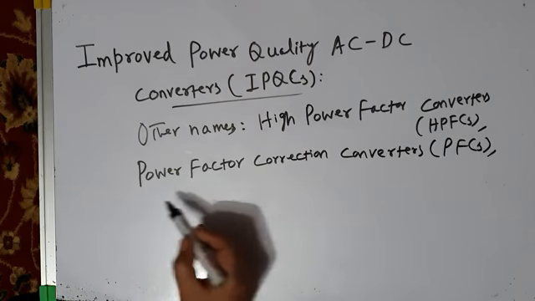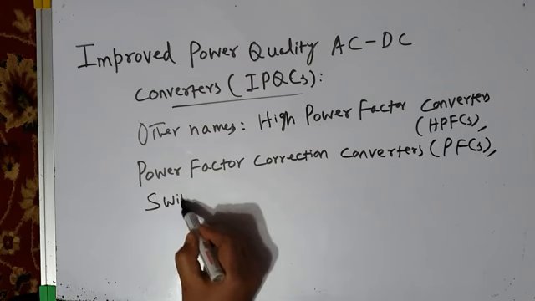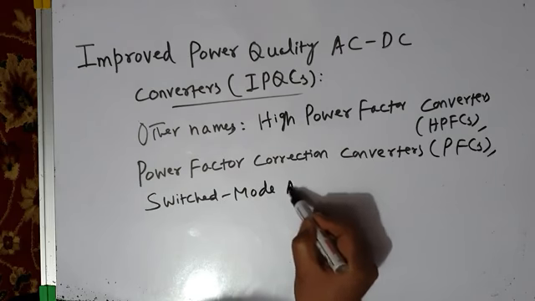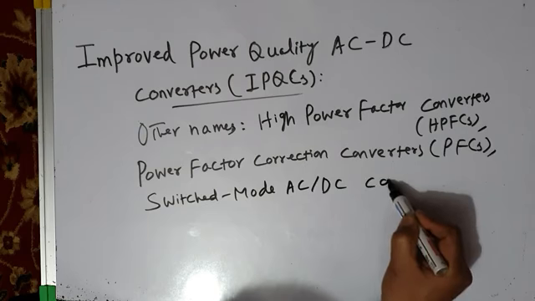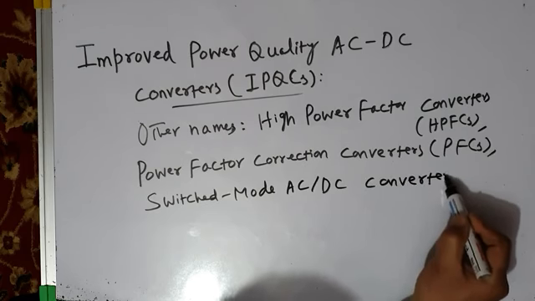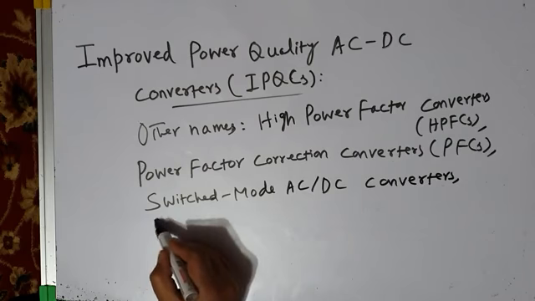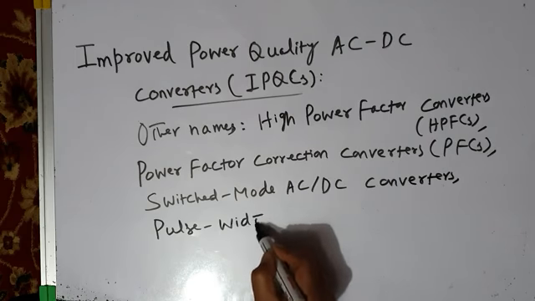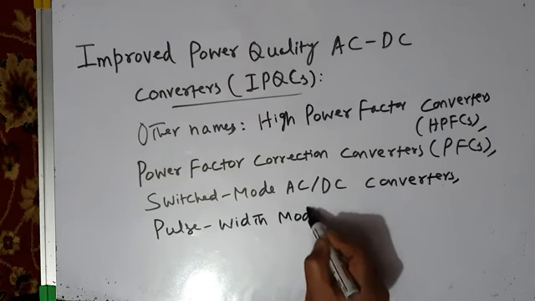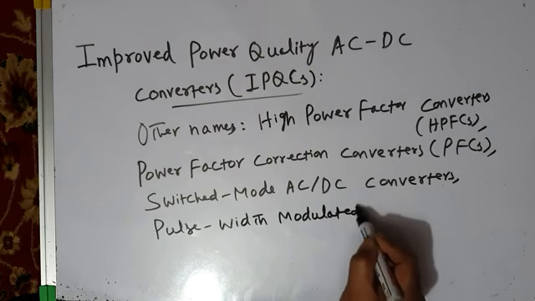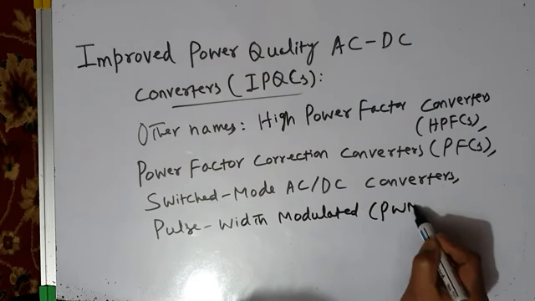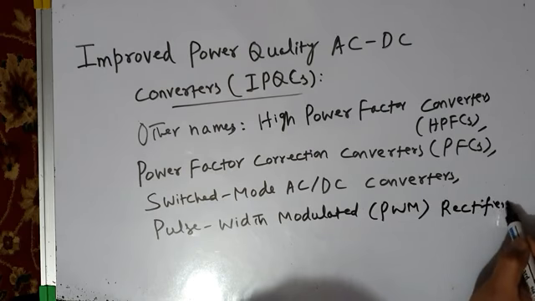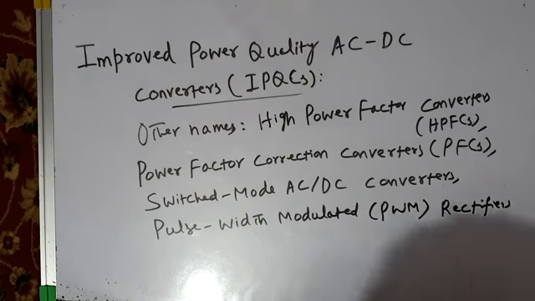The other name is switched mode AC to DC converters. The other name given to them in the literature is pulse width modulated converters, that is PWM converters or PWM rectifiers. So they are given different names in the literature.